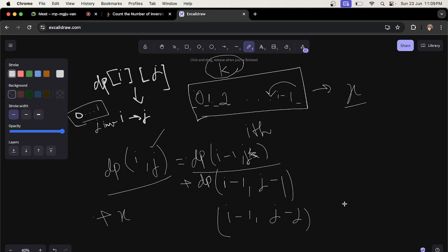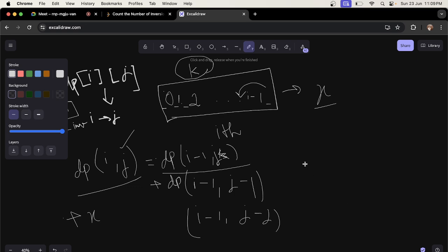No. Okay, so let's take an example. Let's say there are three permutations which have j inversions and are formed using the first two elements.